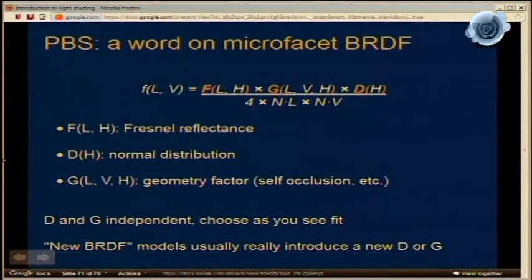Because if it's rough, the cast light is going to self-shadow and things like that. So far, we've made the assumption that G over 4 N·L N·V is just 1, which is kind of reasonable too. So the interesting thing is you have this equation, and you can just play with it, like Lego. You can just change G and D as you see fit.